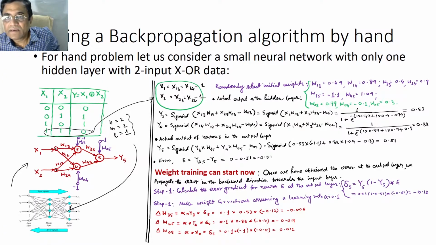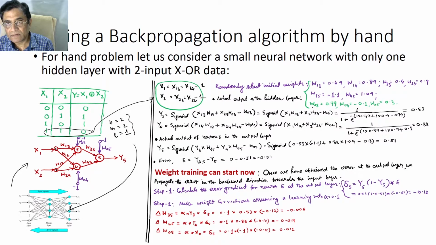There are some heuristics, but for beginners, don't worry, you select them randomly. So W13 is 0.49, W14 0.89, W23 0.4, W24 0.9, W35 minus 1.1, W45 equals 1.09.